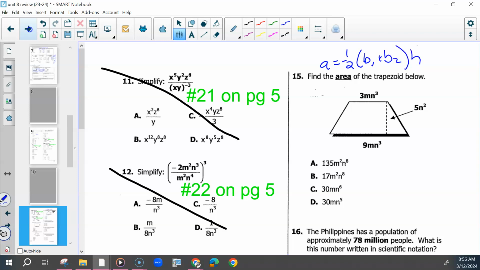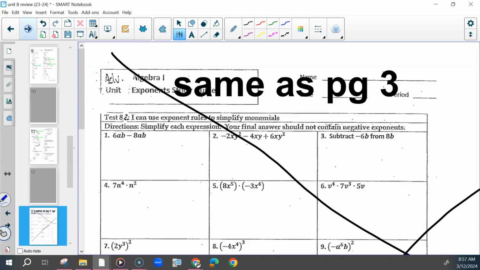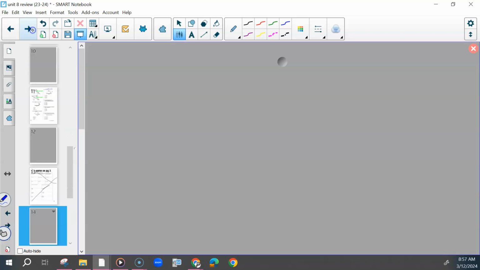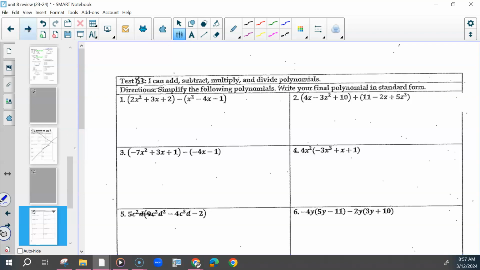So in this case, it's 1/2 times base 1, you can choose which one that is, plus base 2 times that. Page 7 is a repeat of page 3. So skip that one. Any questions on page 8? Ignore 11 and 12.